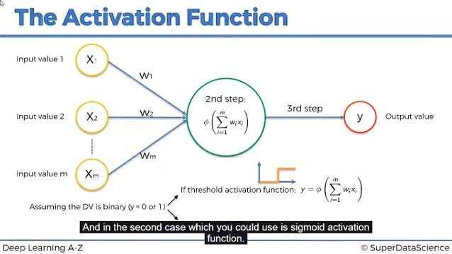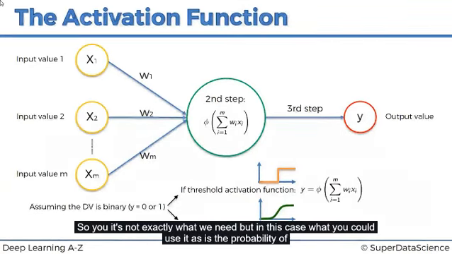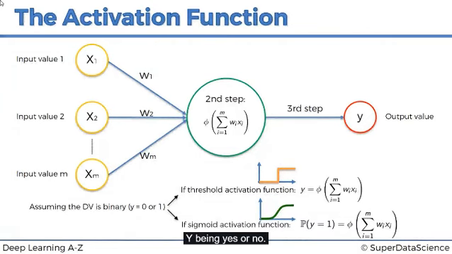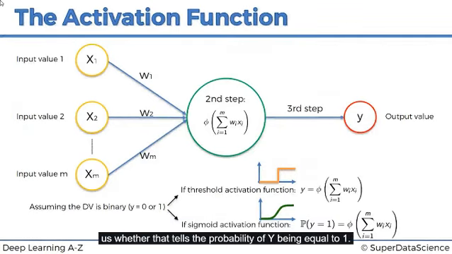In the second case, what you could use is the sigmoid activation function. It is also between 0 and 1, just what we need, but at the same time, you want just 0 or 1, right? So it's not exactly what we need, but in this case, what you could use it as is the probability of y being yes or no. So we want y to be 0 or 1, but instead we'll say that the sigmoid activation function tells us the probability of y being equal to 1.